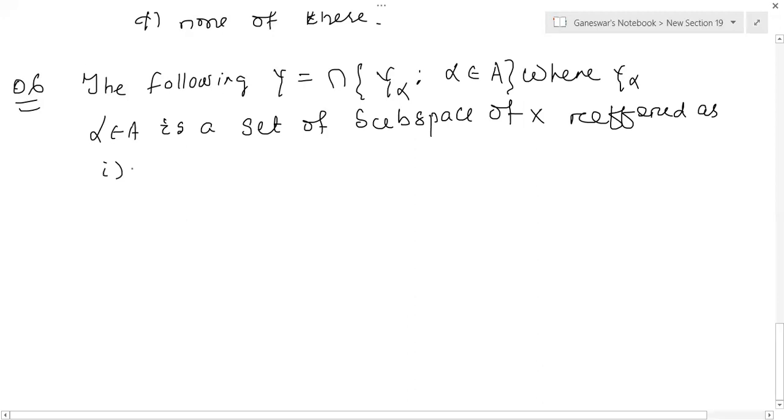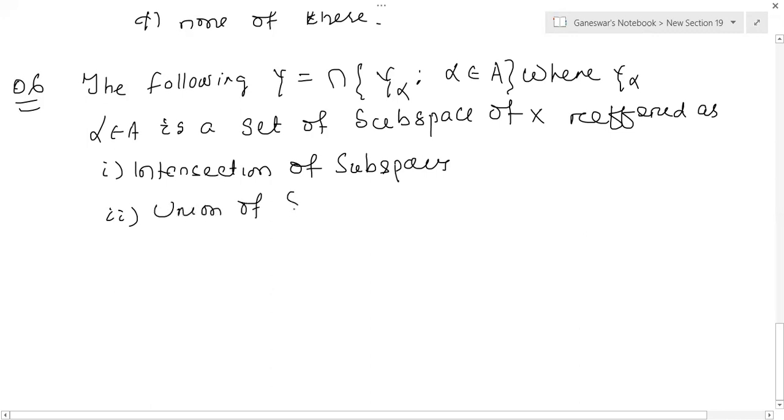First option: intersection of subspaces. Second option: union of subspaces.